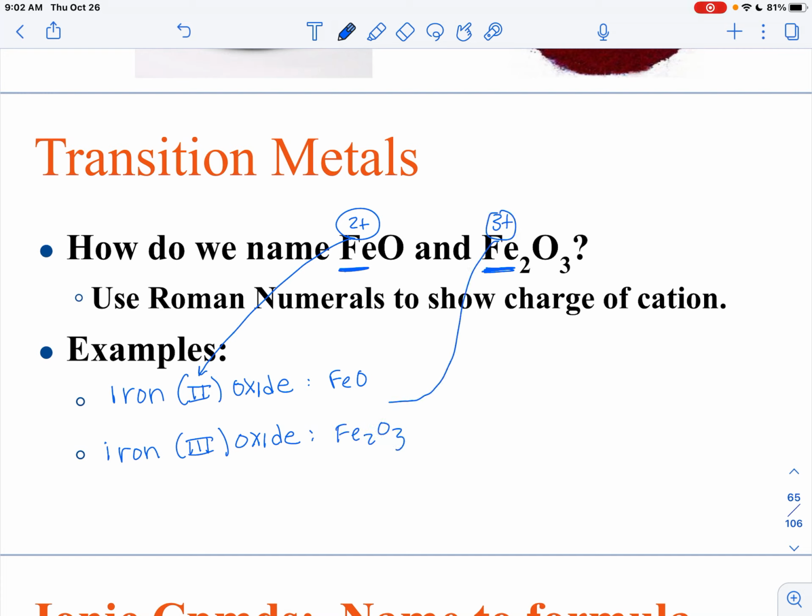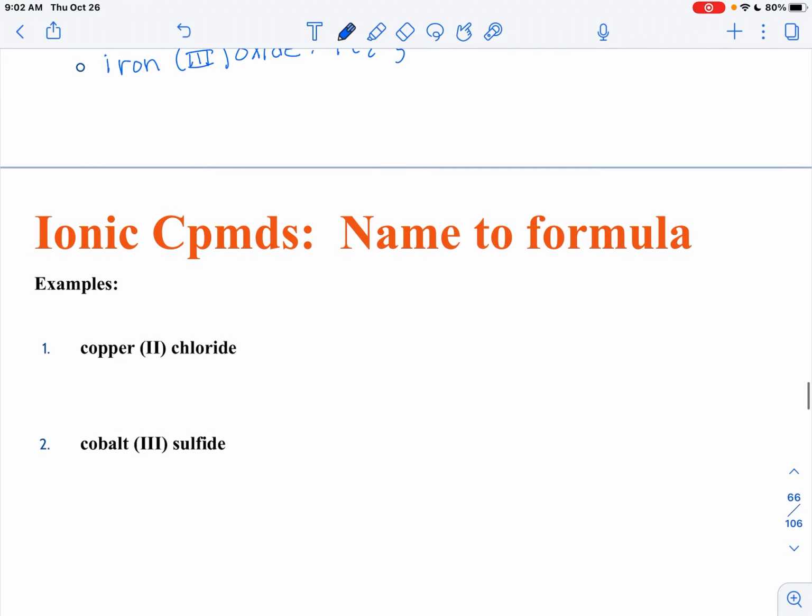So this 3 charge on iron goes right there. So I think it makes name to formula easier, but formula to name harder.